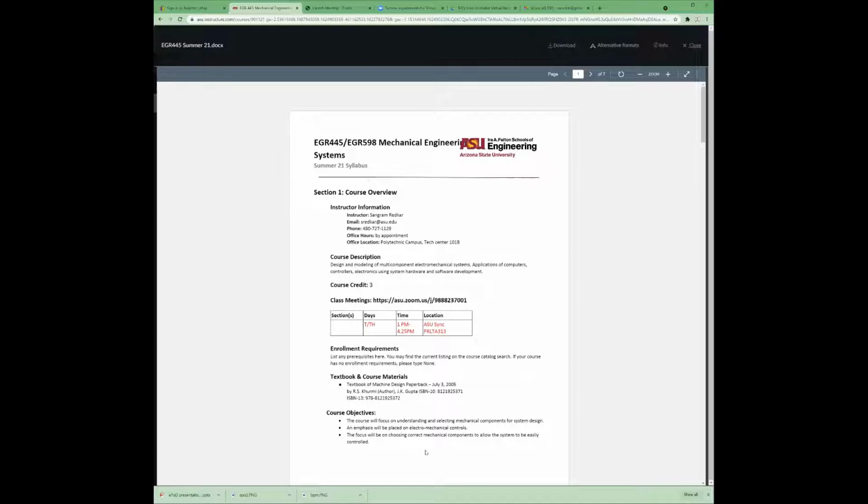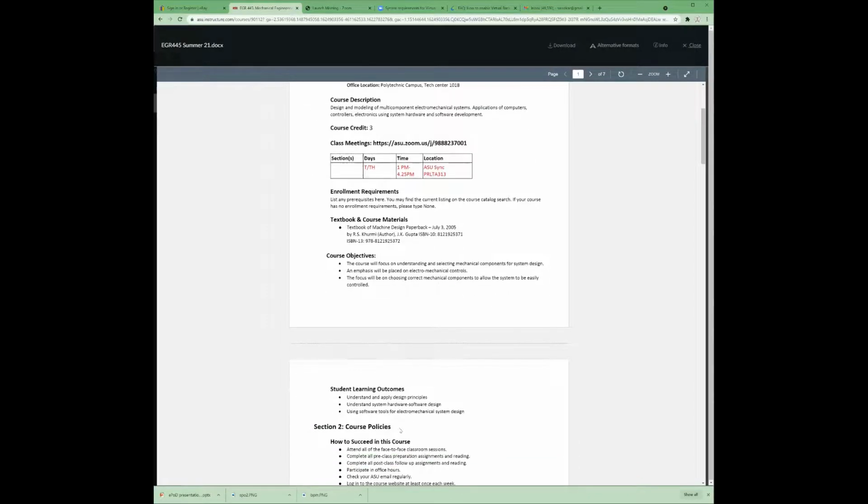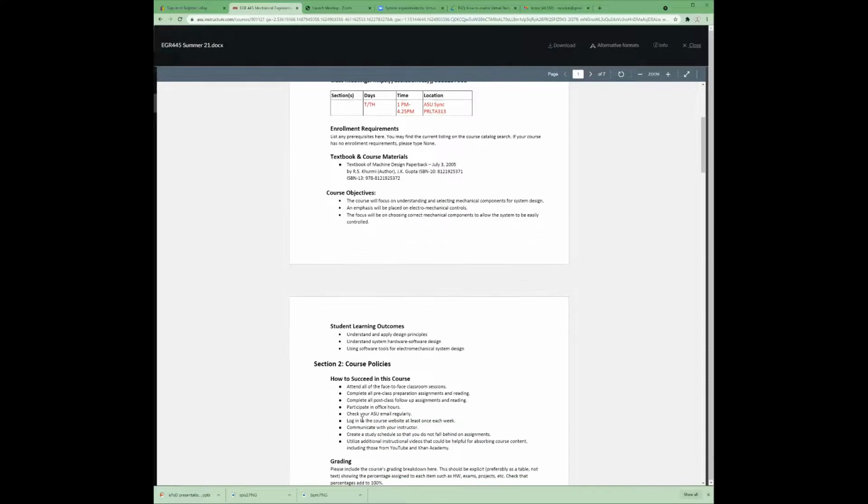Now we will look at different components, selecting components, how to place those components, how to look at the CAD drawings, how to construct different components, geometries, that type of stuff. Now we will apply design principles. We will look at some hardware, software design, and we will look at the software tools. So please attend all the classes.